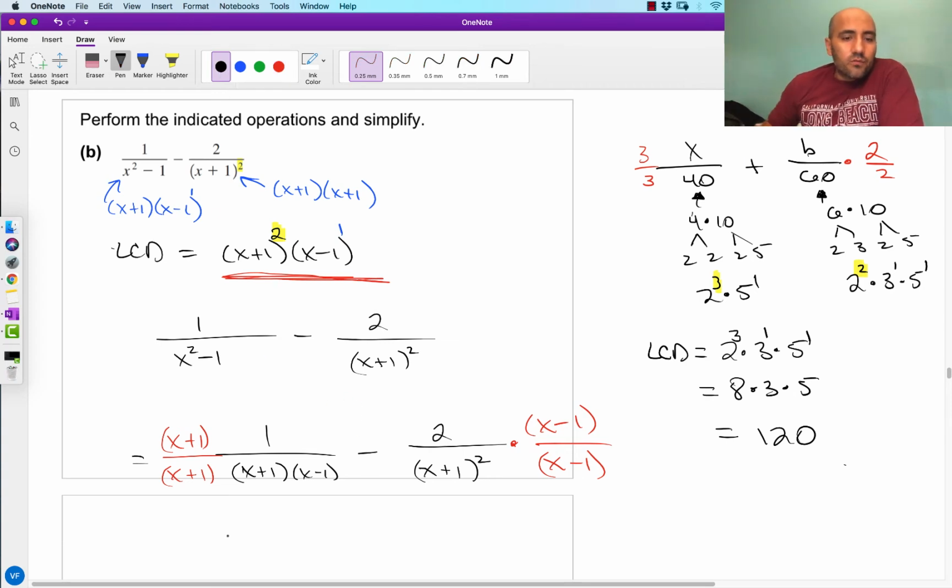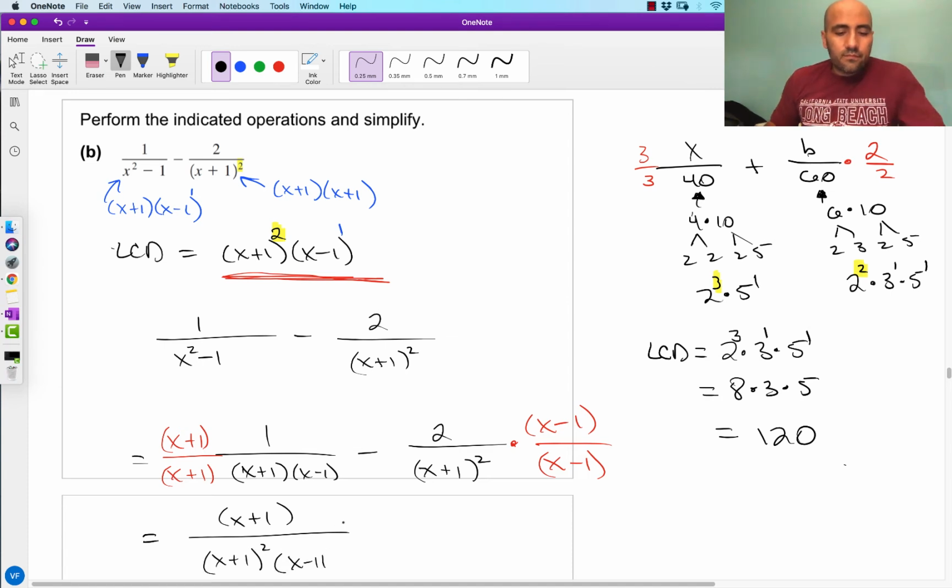So this then turns into x plus 1 in the numerator. The denominator has an x plus 1 squared times an x minus 1, minus, and then here we end up with 2 times x minus 1 over x plus 1 squared times x minus 1.